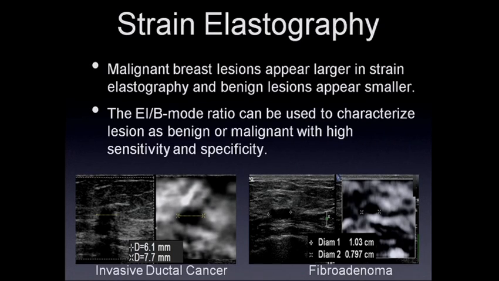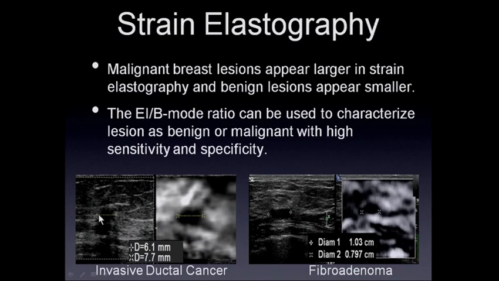And we can do this with very high sensitivity and specificity, and we use a ratio of 1 as the discriminating factor. So anything with a ratio of 1 or higher we consider to be potentially malignant, and anything with a ratio of less than 1 we consider to be most likely benign. So here's some examples.